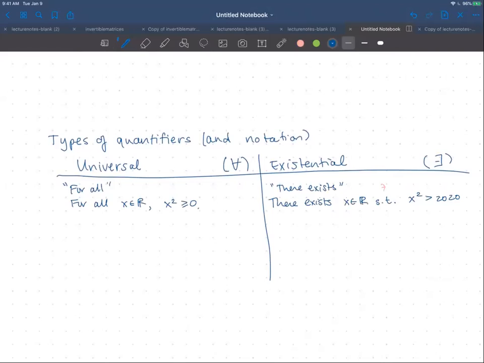You could also read it as for each. So we might say for each n by n matrix A and each n by n matrix B, A plus B equals B plus A.